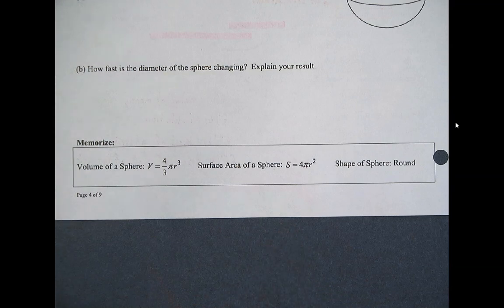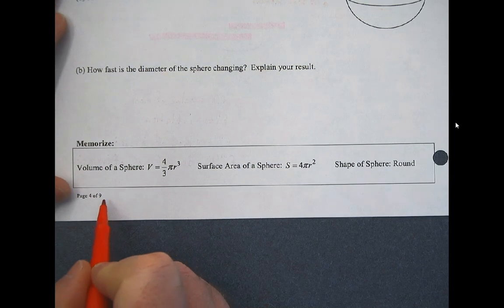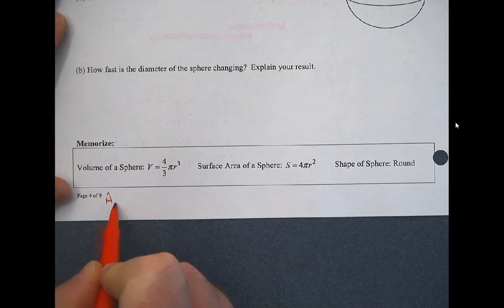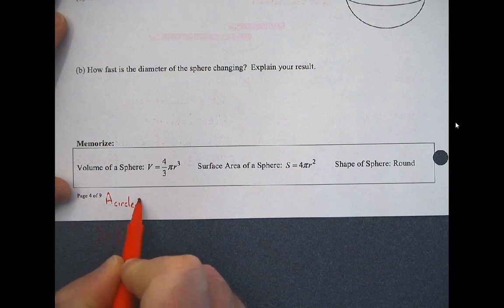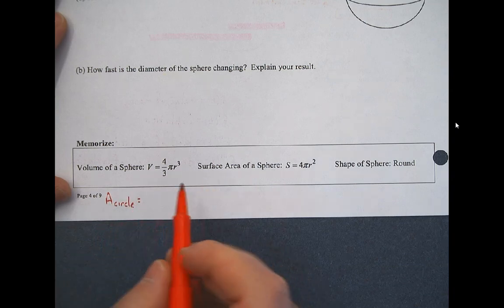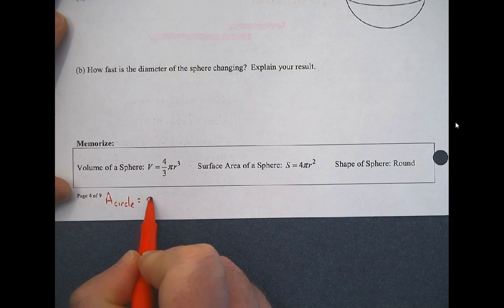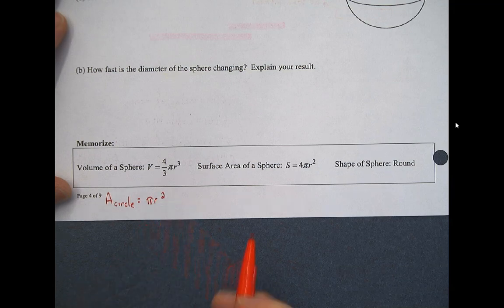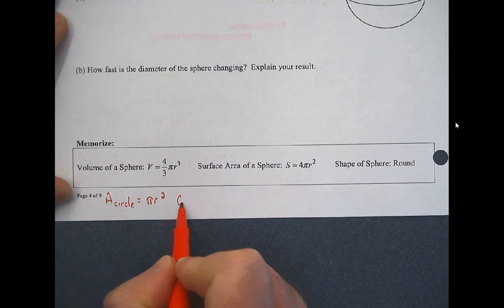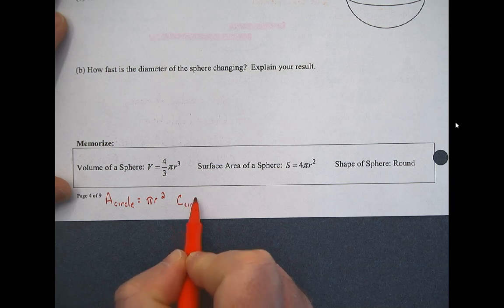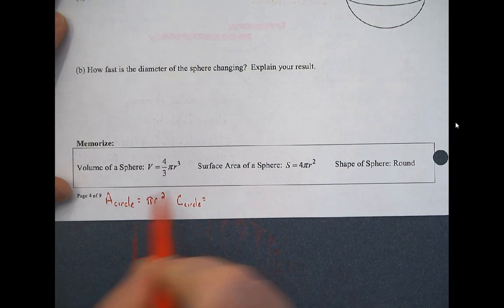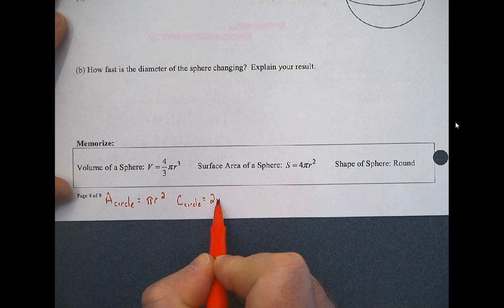The other things that College Board expects you to know by heart would be the area of a circle. Area of a circle is pi r squared. They would expect you to know the circumference of a circle. Circumference of a circle is 2 pi r.